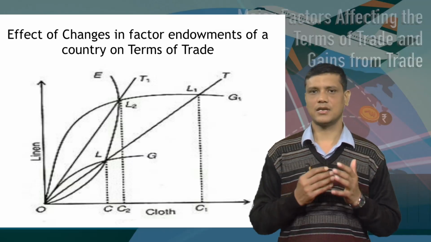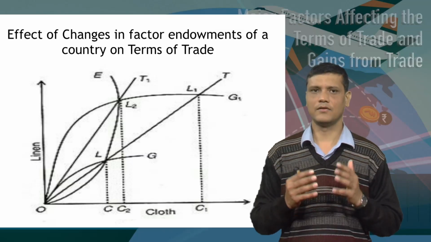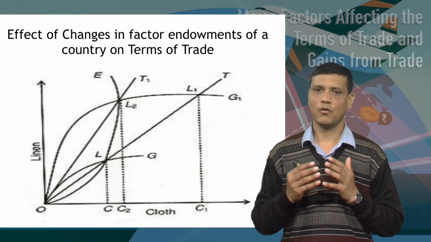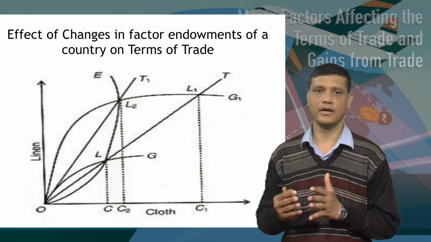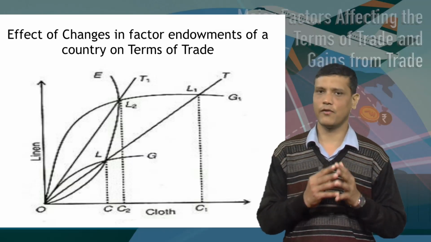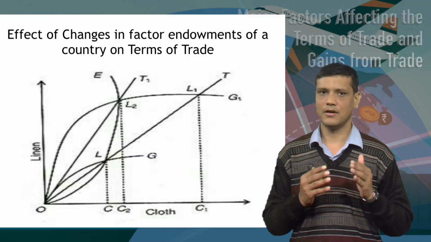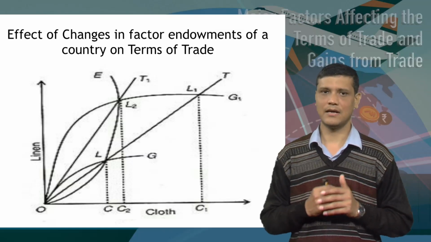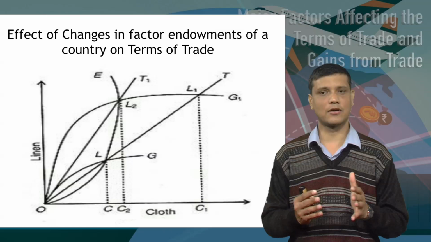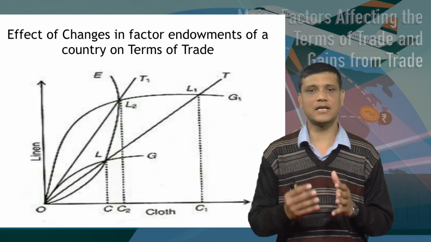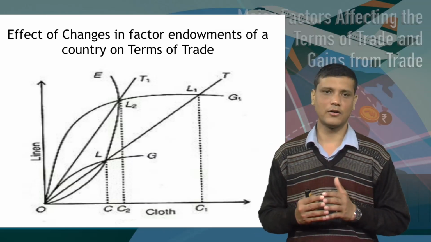Thus, the terms of trade will settle on the new terms of trade line OT1, where England's offer curve OE intersects Germany's new offer curve OZ1 at point L2. Germany exports C2L2 of linen in exchange for OC2 of cloth from England.